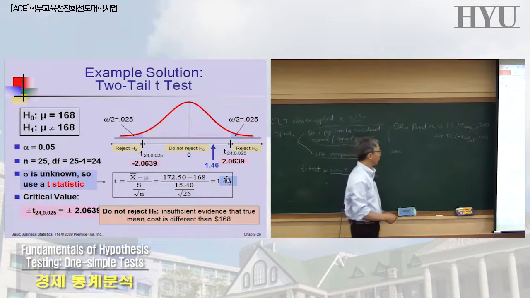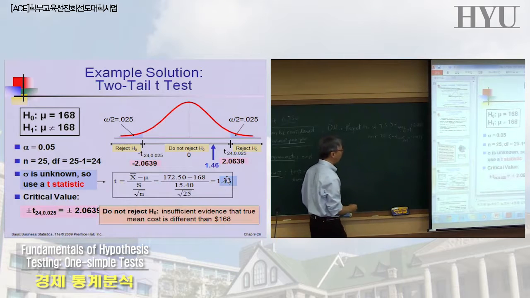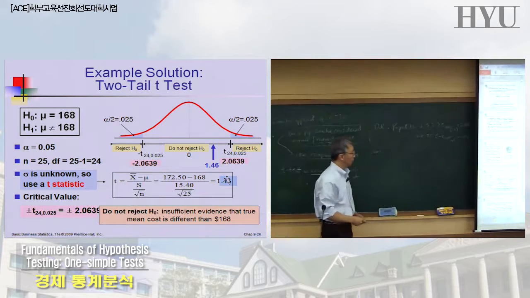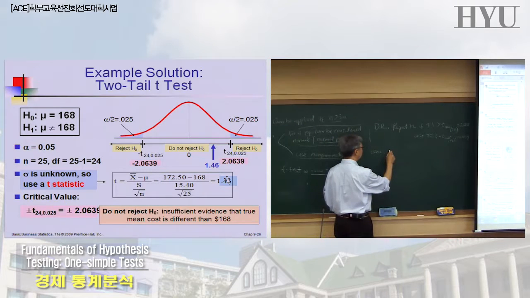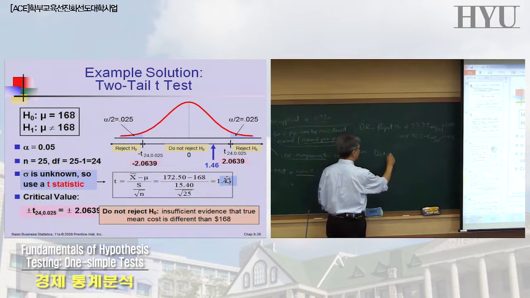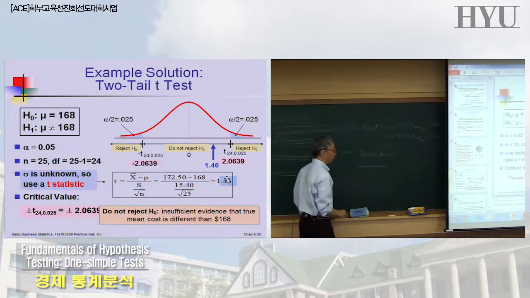It's not greater than 2.0639, and it's not less than negative 2.0639. So what is your conclusion? Accept it? No. Do not reject the null hypothesis. And interpretation?